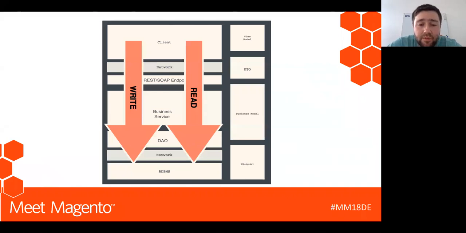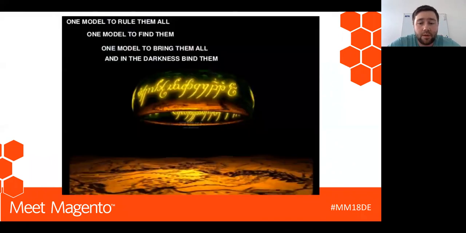Moreover, we have the same entities. For example, we have the same model, which will process both read and write request. Having that, we stuck with the limitation that we have the one and only model, which would be used for all different business purposes, for retrieving data, for updating data, for deleting data.